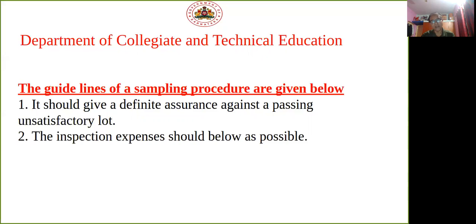The remaining 95 items may be good. The lot has been rejected, but that lot has 95 good items. So before rejecting any lot, the inspector should give the assurance. He should think about that, and only then can he go for rejection of the lot.